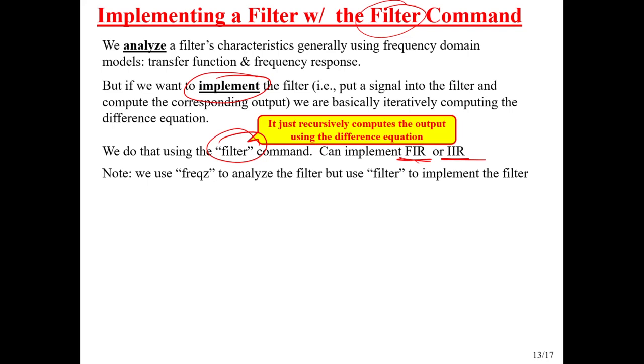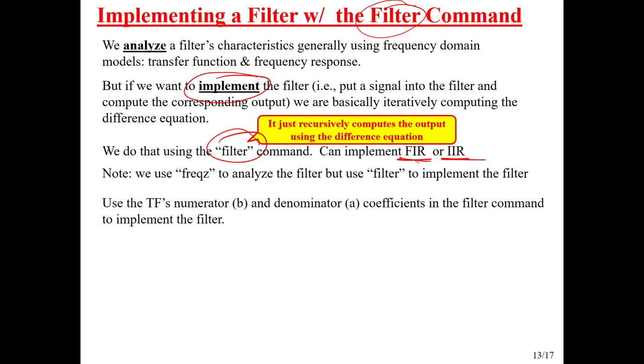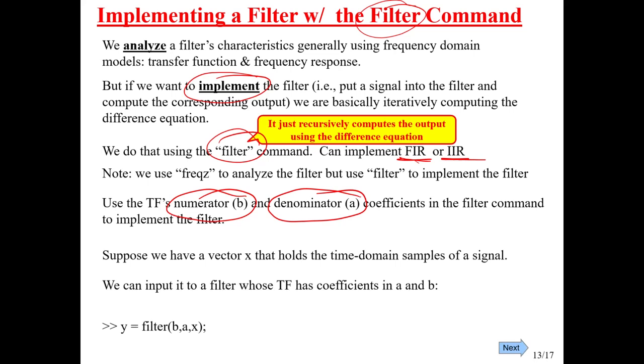If you want to see the other ways, you can type help filter, but I'm warning you, some of those are crazy and confusing, so be careful. So we have the numerator coefficients in a vector B, we have the denominator coefficients in a vector A, and then we have the signal samples in a vector X, and so that's what we're saying here.